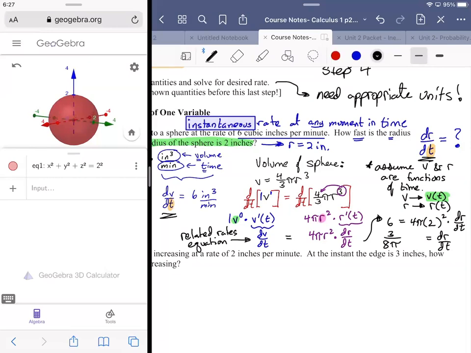We're looking for radius per unit of time, right? Radius is inches, unit of time is minutes, so inches per minute. It's just looking at the notation and recognizing that radius is a linear measurement. What are the linear measures? In this case, it's inches. And so there you go. So 3 over 8 pi inches per minute.